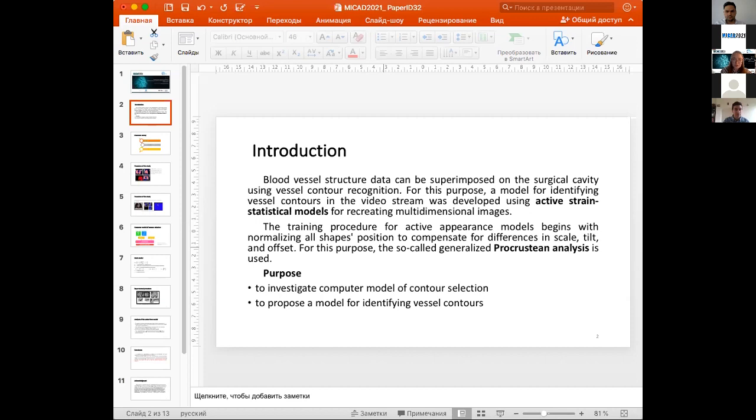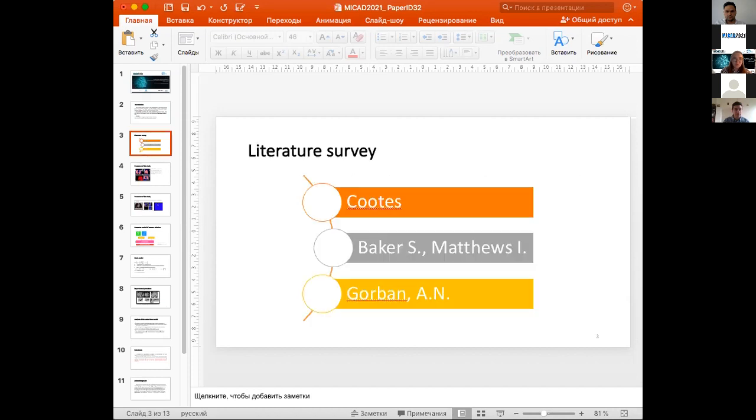Purpose: to investigate a computer model of contour selection and to propose a model for identifying vessel contours. A literature survey. The mathematical apparatus of active appearance models has been actively developed at the moment. Two approaches to the construction of such models can be distinguished: the classical one, initially proposed by Cootes, and the inverse composition-based one proposed by Matthews and Baker in 2003.